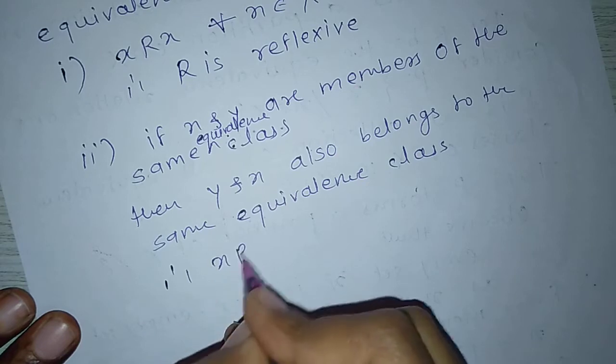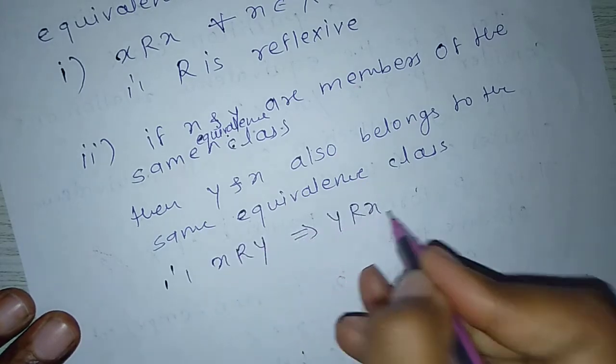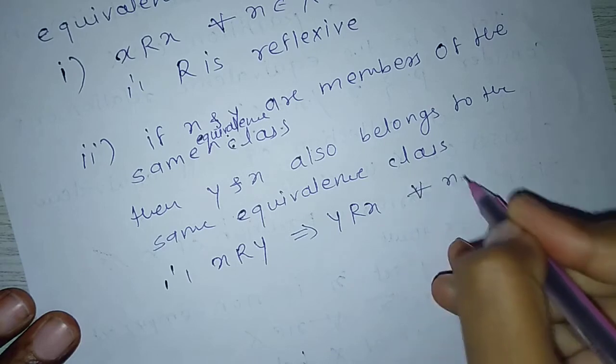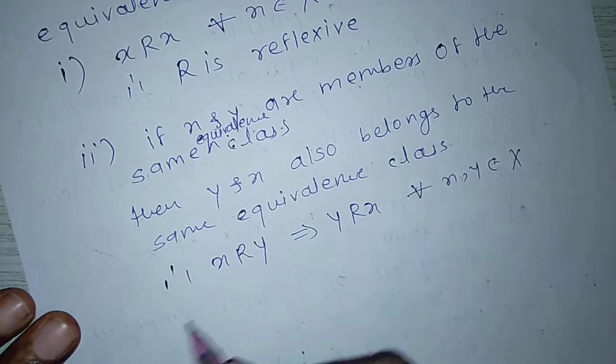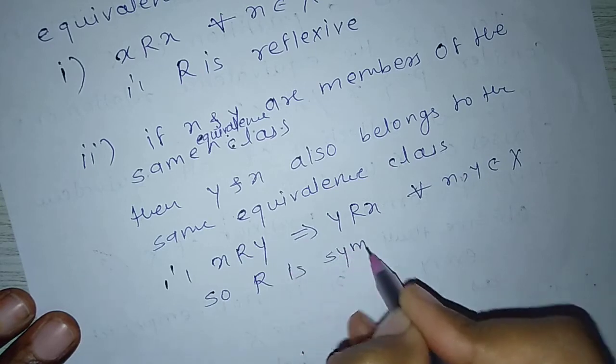Therefore, x related to y implies y related to x for all x, y belonging to X. So, R is symmetric.